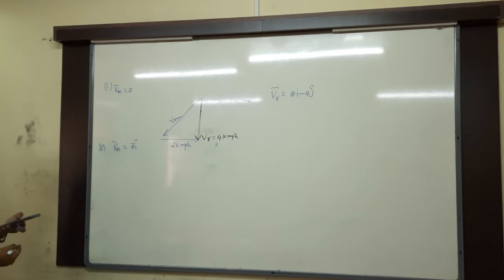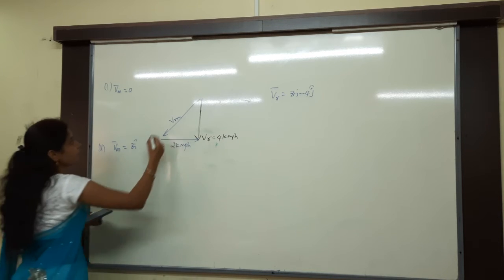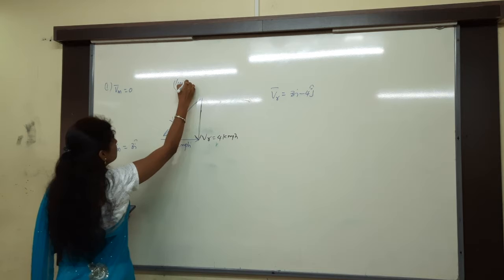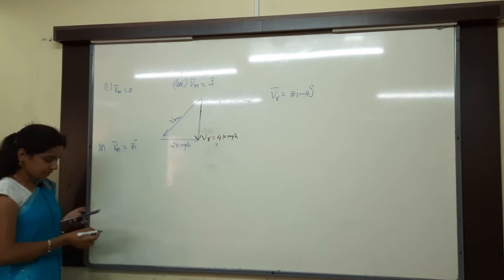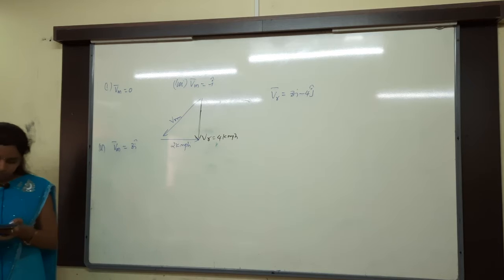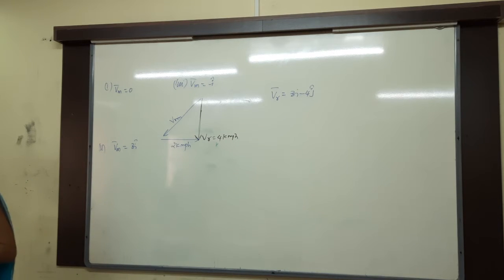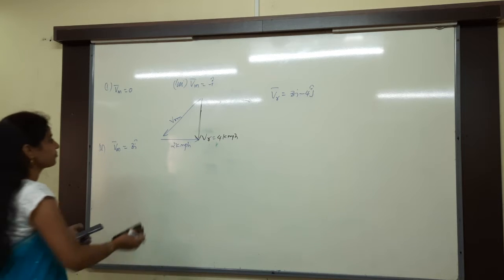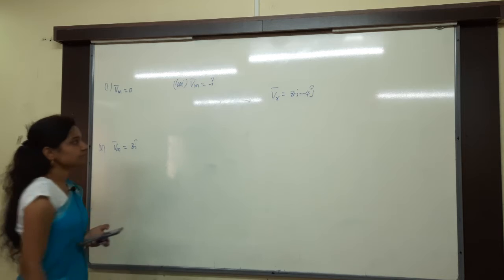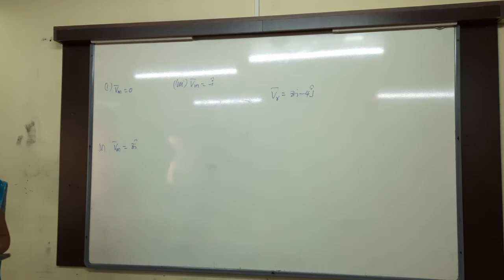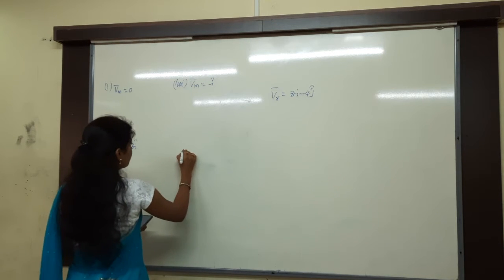Next, third question, Vm is equals to minus i cap. Then fourth question, Vm is equals to 6i cap.